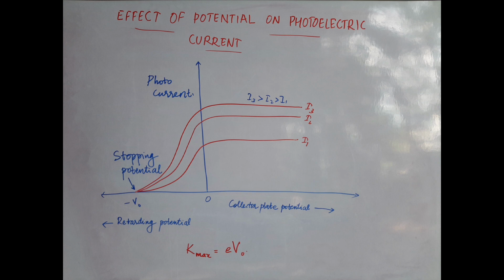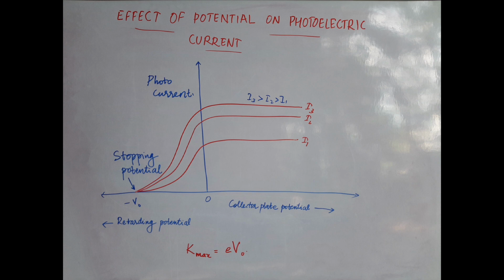Now we vary the intensities of the radiation to I2 and I3, so that I3 is greater than I2, which is greater than I1. In this case, as intensity increases, the saturation current, or maximum photocurrent, also increases.